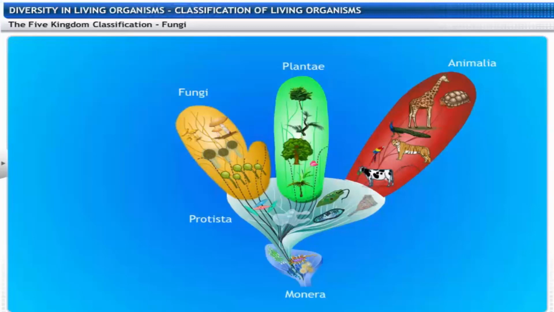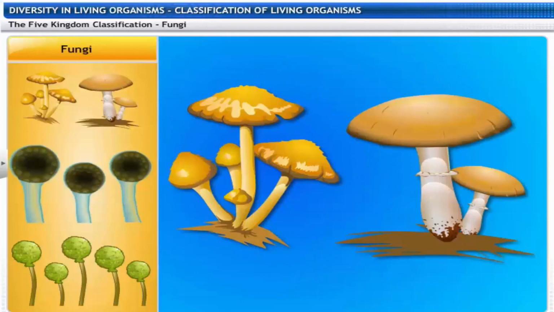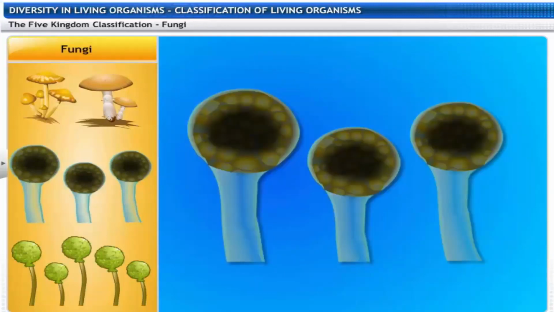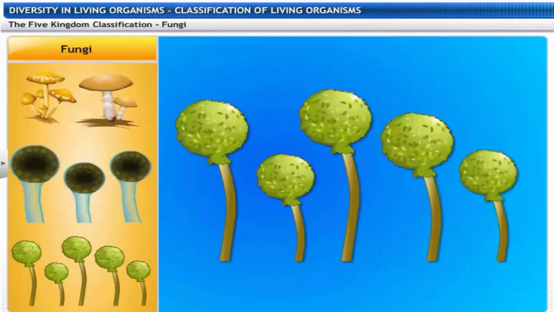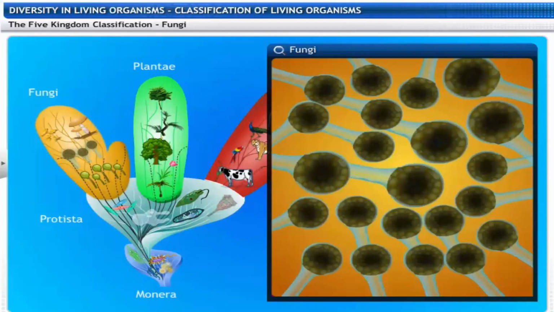The next kingdom, fungi, includes mushrooms, rhizopus, and mucor. These organisms are not plants and are not capable of performing photosynthesis. Most fungi are multicellular and eukaryotic. They have cell walls made of a tough, complex sugar called chitin.